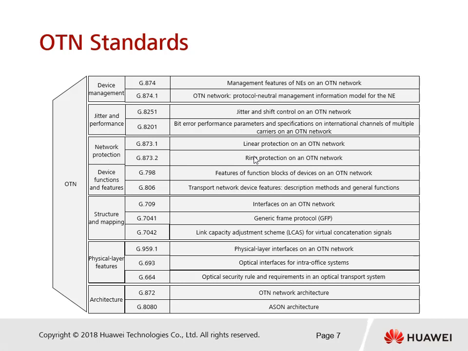Next, we're going to learn about mapping and multiplexing, so we will use G.709, the interfaces on an OTN network. And also we have the standards for the physical layer features and the architecture. If we use ASON, we will use the standard G.8080.